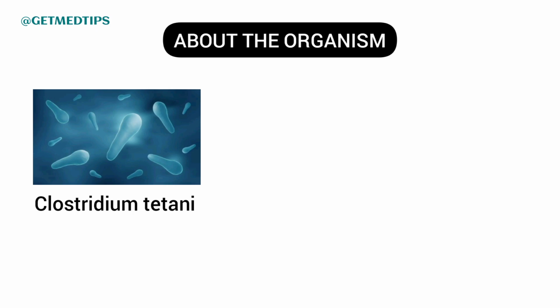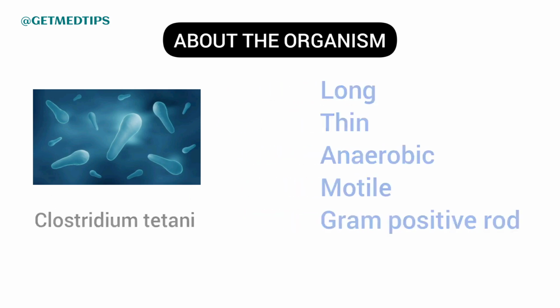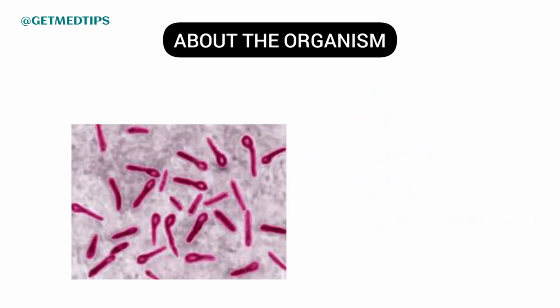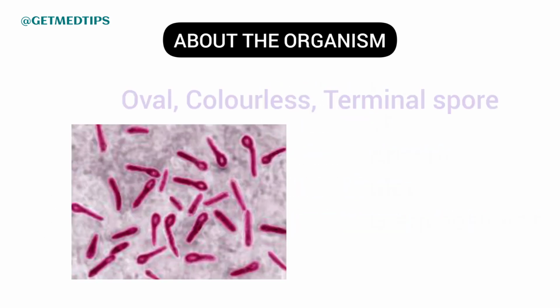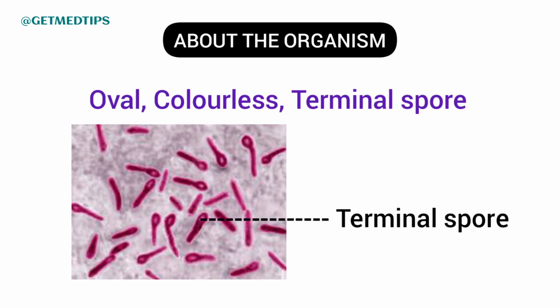About the organism. Clostridium tetani is a long, thin, anaerobic and motile gram-positive rod that forms an oval, colorless, terminal spore and assumes a shape resembling a tennis racket or drumstick.